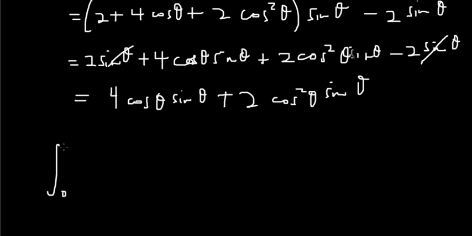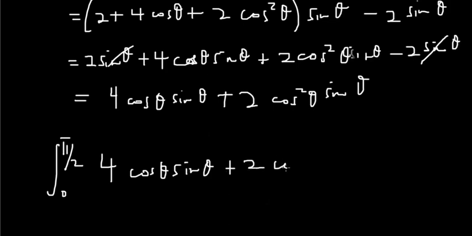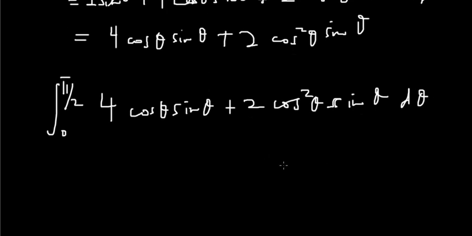We know that the first quadrant was from 0 to pi on 2, and then now we have 4 cos theta sine theta plus 2 cos squared theta sine theta, and this will be integrated with respect to theta. From here you could go through the same principle to integrate. This is very, very simple when you're trying to integrate.